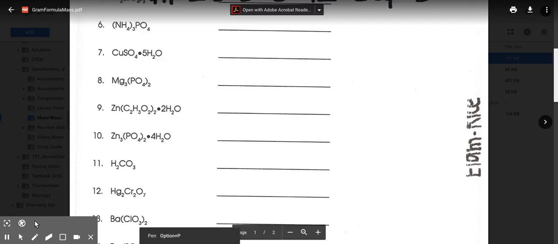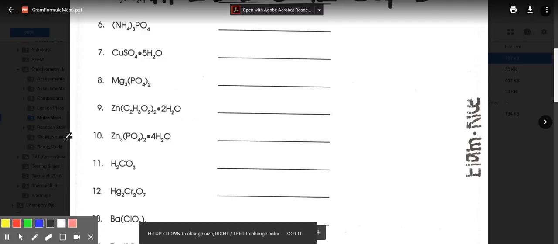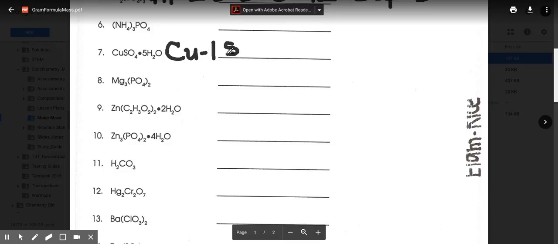So if we go to count the number here, we have 1 copper, 1 sulfur, and 4 oxygens. Again, in math, we will multiply this 5 times everything behind it. So you have 5 moles of water.